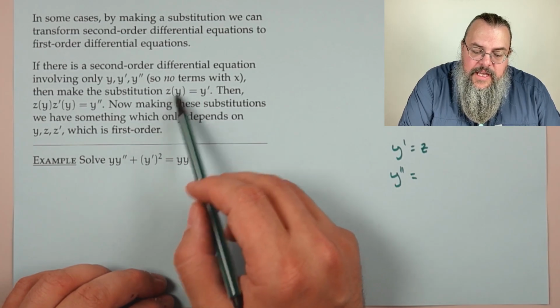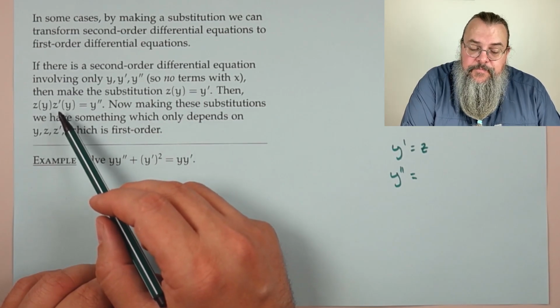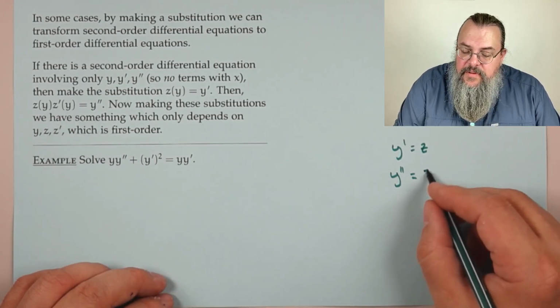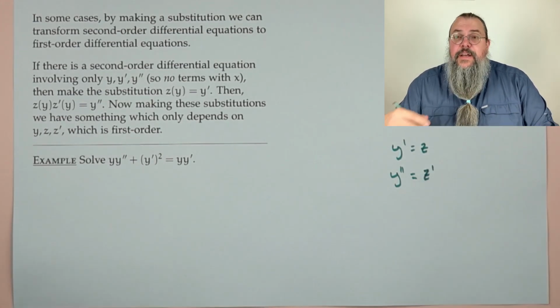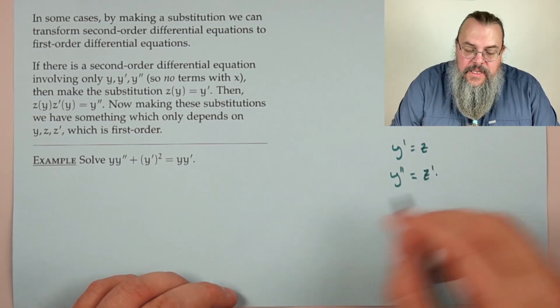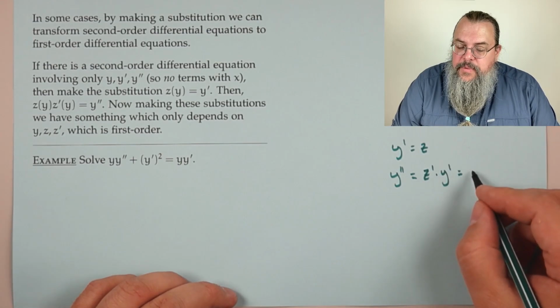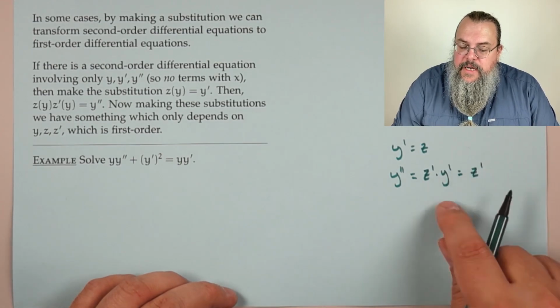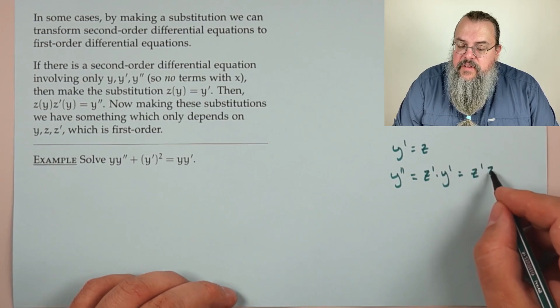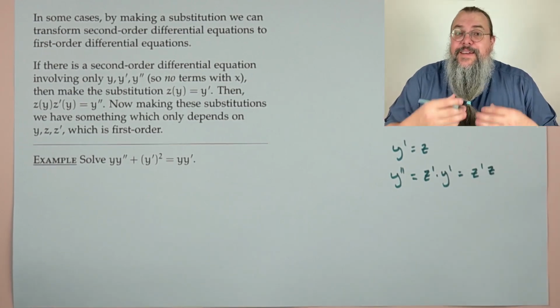Well, you would take the derivative of the outside, and that would be your z prime. So we do have a z prime. But then you multiply by the derivative of the inside. Well, the inside is y, and so that's y prime. But we have a way to rewrite y prime, and that's as z. So y double prime gets replaced by z prime times z.